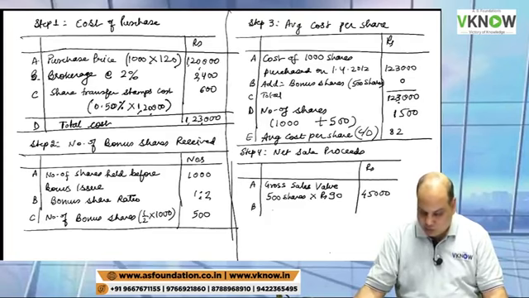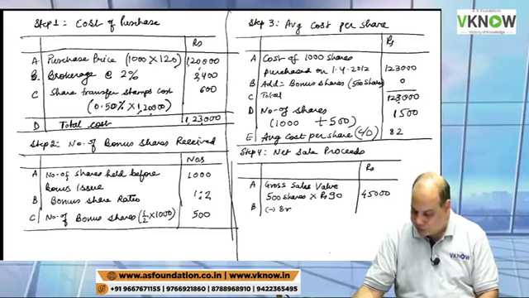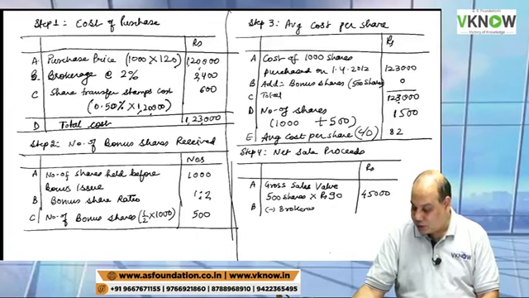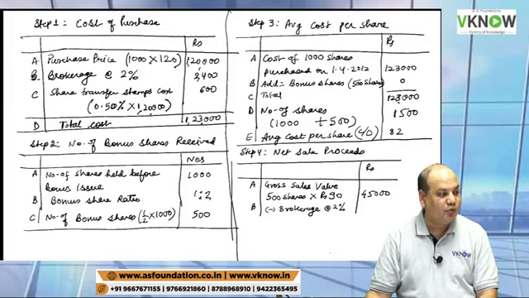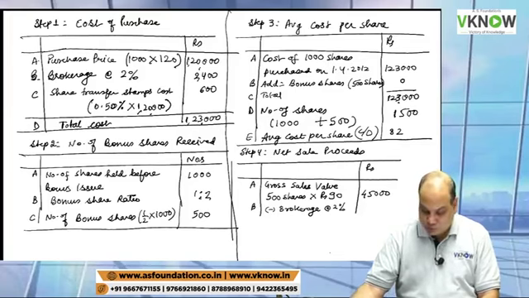45,000 less brokerage. At the time of sale also you have to pay brokerage at the rate of 2%. So brokerage at the rate of 2% is 900.